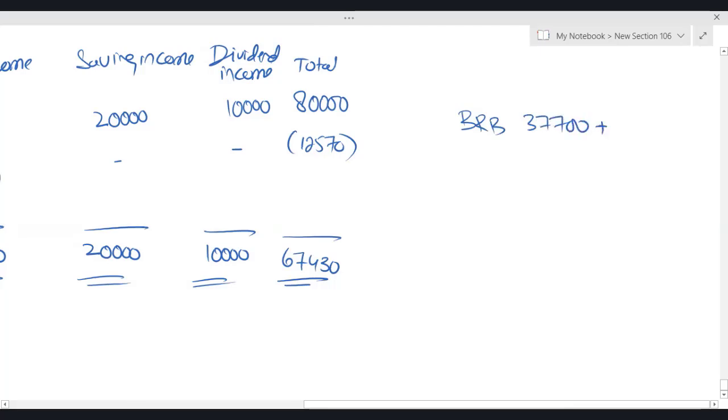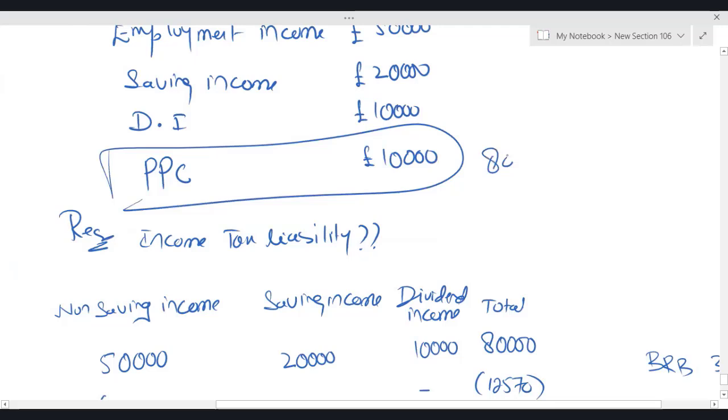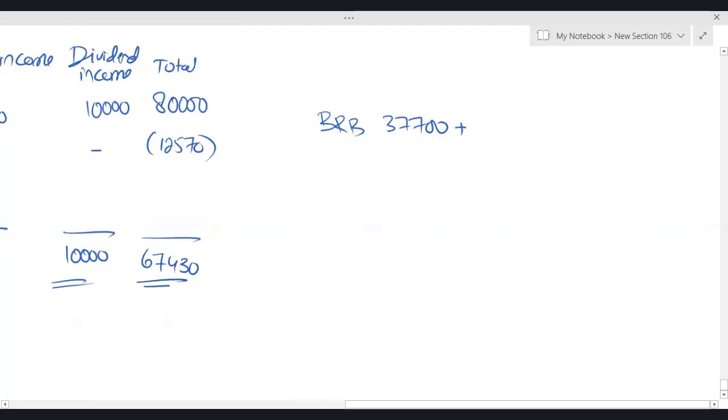Can I say this 37,700 will increase by gross PPC? Since in the question only PPC is mentioned, we'll say it is 80%. We have to gross it up. 100 upon 80, we'll get 12,500. So logically, the basic rate band will increase by this. 37,700 plus 12,500. Now the basic rate band limit is 50,200.